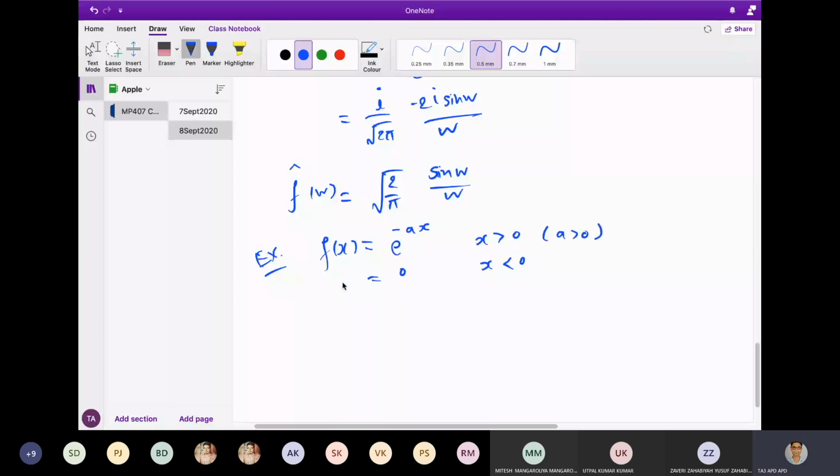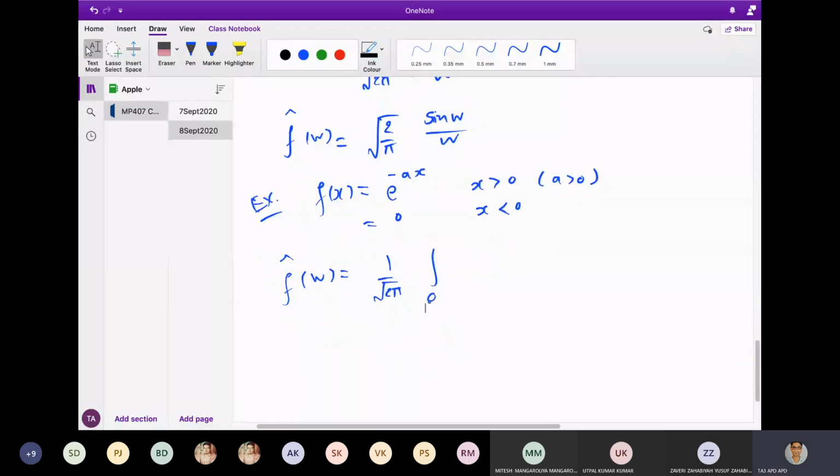So for this function, you find the Fourier transform, and simply you take the integral from minus infinity to plus infinity, but you have only 0 to infinity, because otherwise the function is 0.